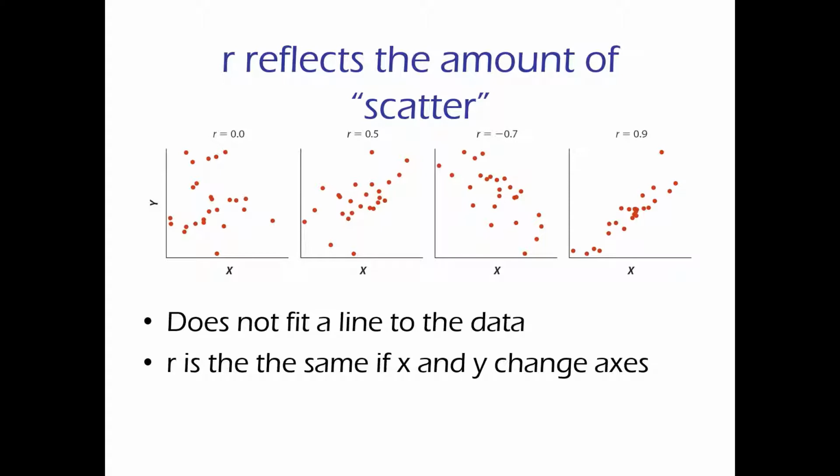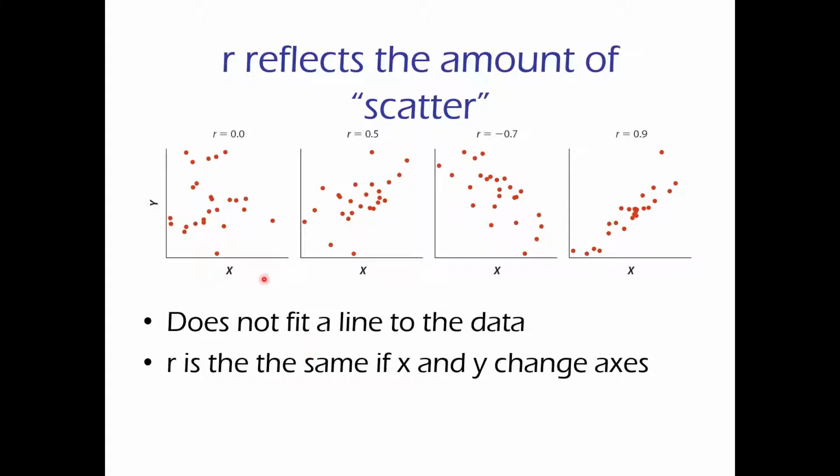Here, I show four scatter plots created from different data and the correlation coefficient estimated from each data. First, in the figure on the left, the dots are randomly scattered in the graph area, and we are not able to see a trend or a line here.